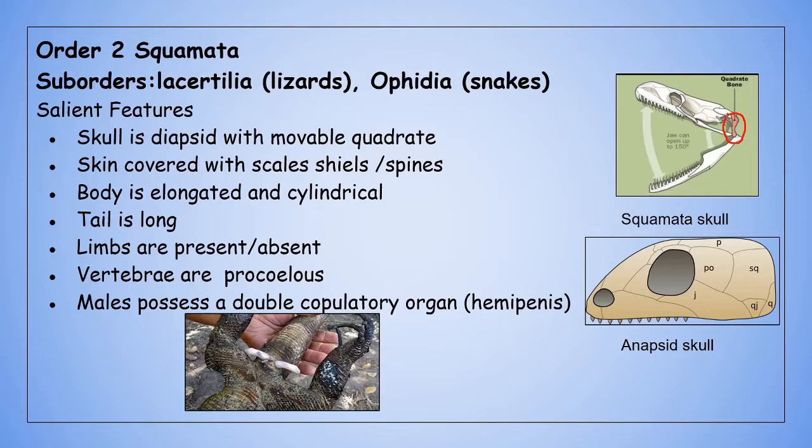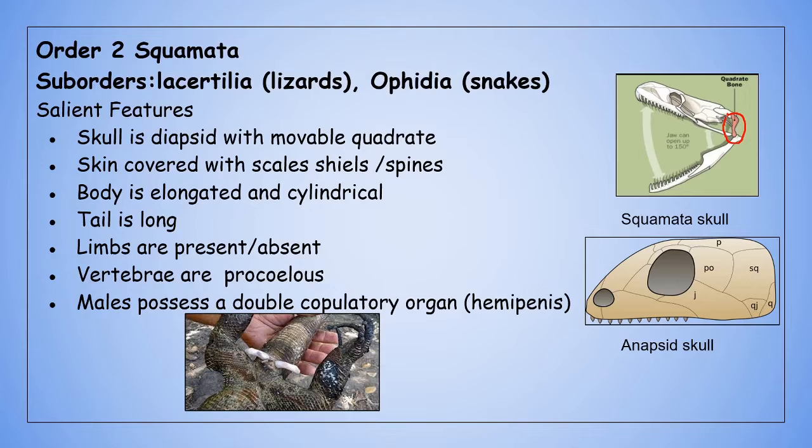And usually it is seen as part of the jaw joint of the upper jaw. This quadrate articulates with the lower jaw, with the bone portion of the lower jaw which is called the articular bone.